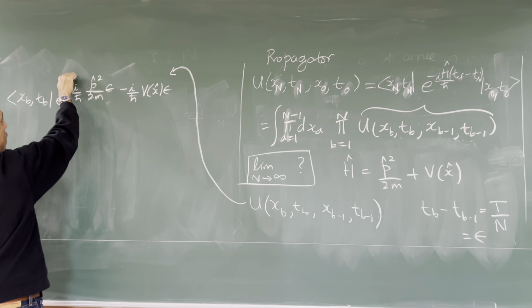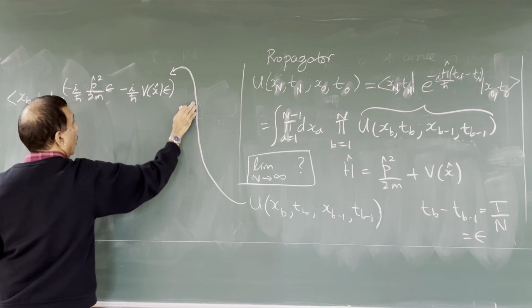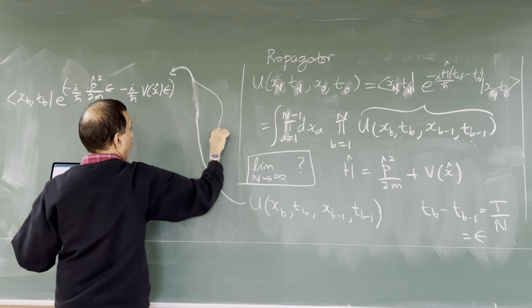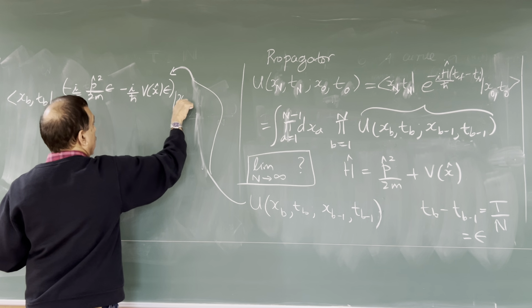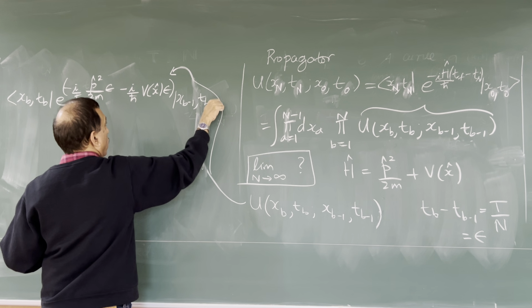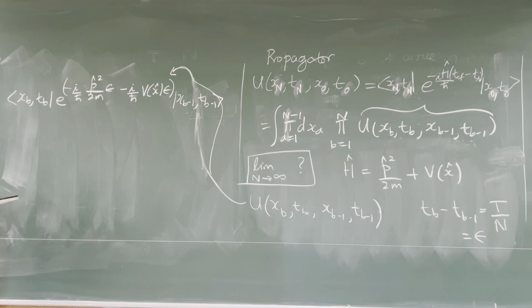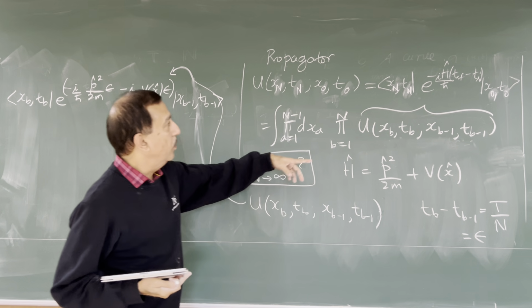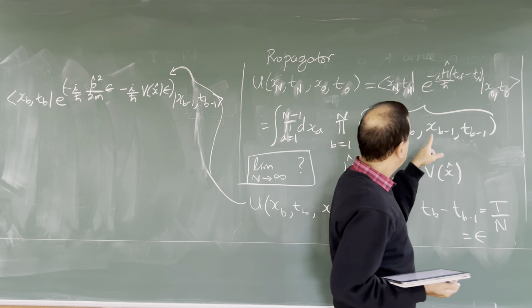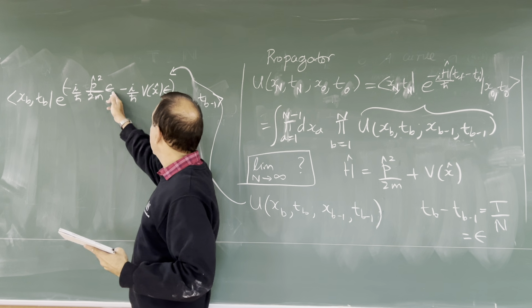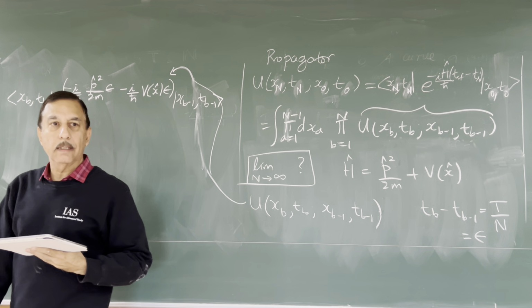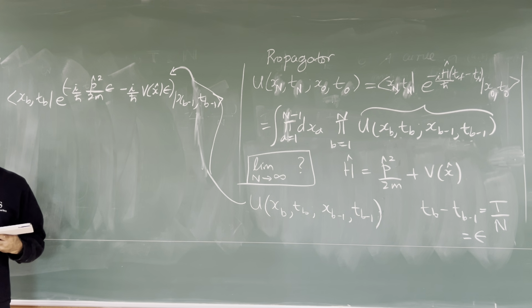I hope I put the hats; p and x are operators. This is all in the exponent. And then here I have xb minus 1, tb minus 1. All I've done is, wherever in the definition of this I had tb minus tb minus 1, I've simply renamed it as epsilon. Nothing else has changed. Okay?